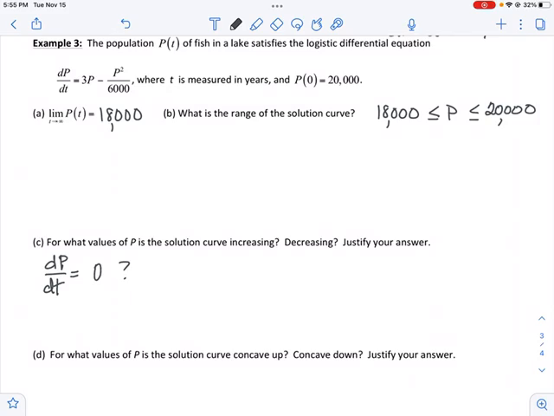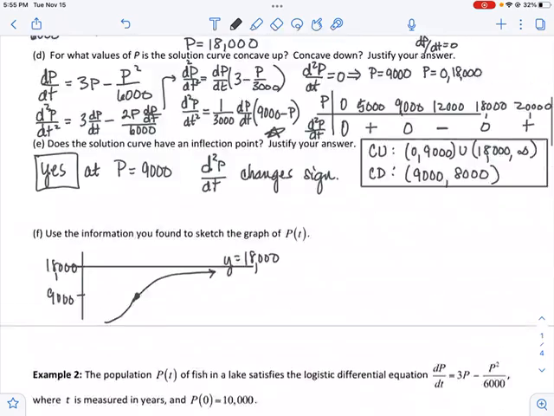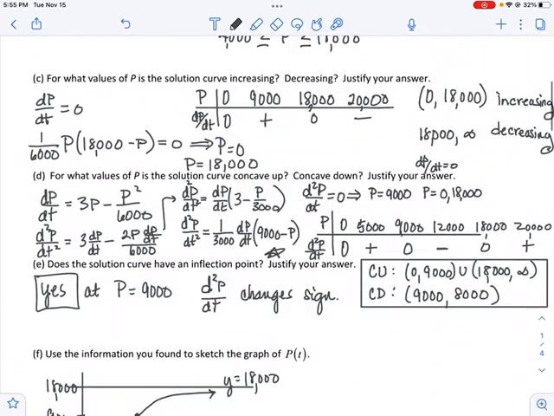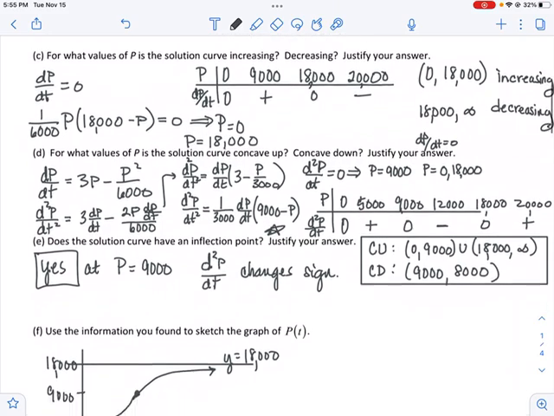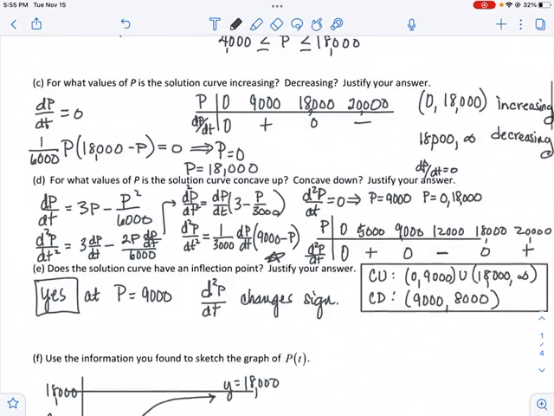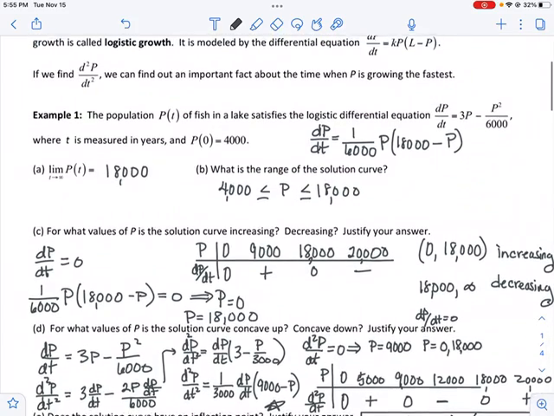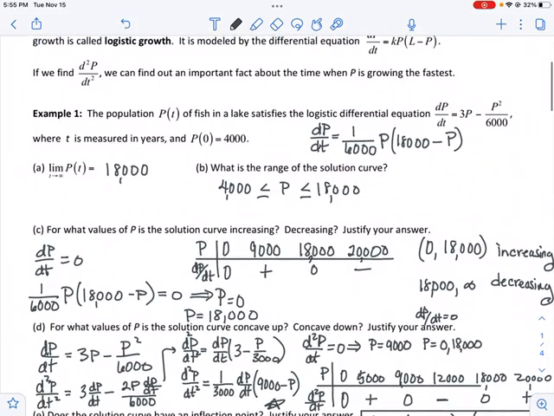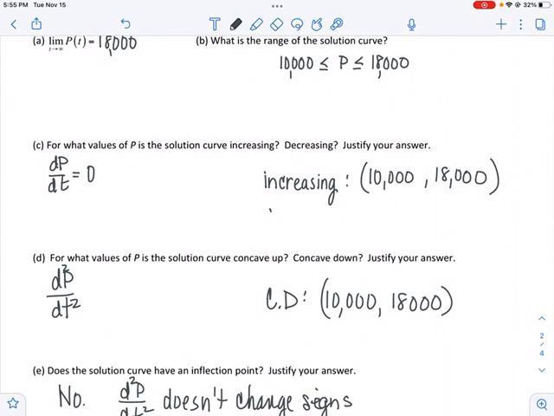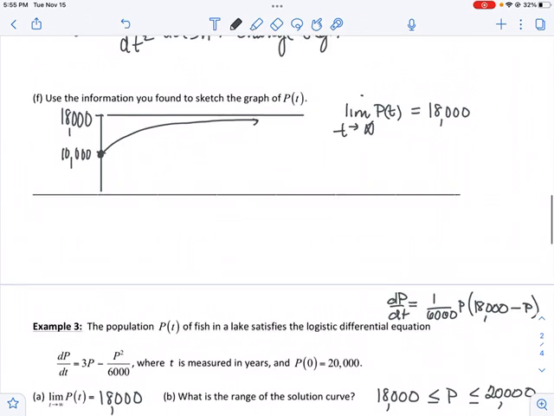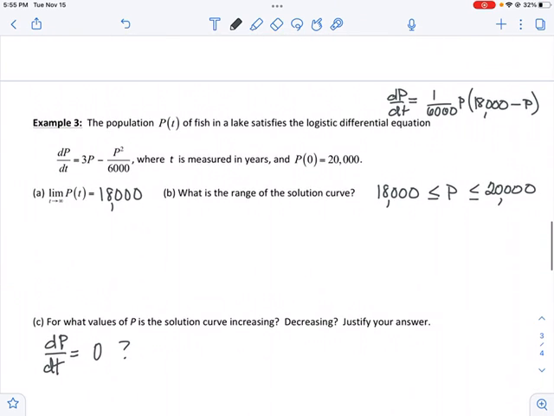Well, we know where it's equal to 0 from the previous problem. Doesn't seem like it's equal to 0 anywhere here, because it's equal to 0 at 18,000 and 0. So you're above at this point, you're going downward, hopefully down to 18,000.